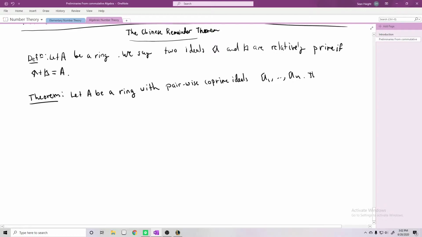Then we have an exact sequence: zero, an ideal A, which I'll define in a minute, embedding into my big ring A, and a family of projections here, for i equals 1 to n, A mod A_i.